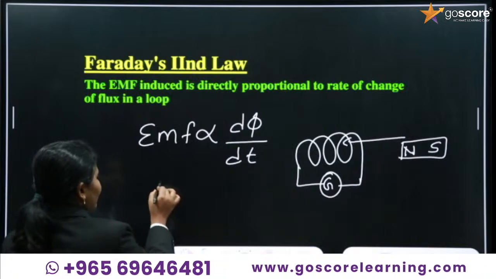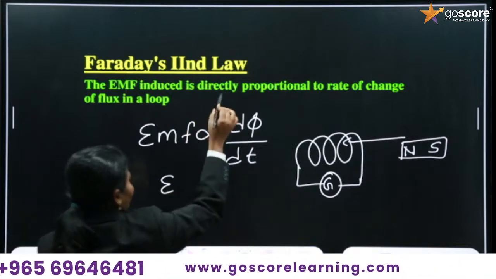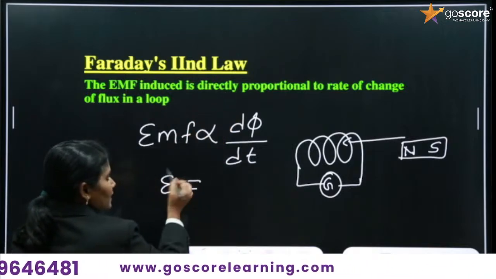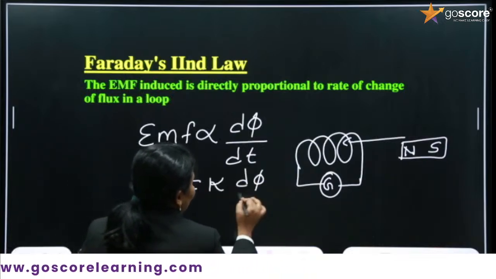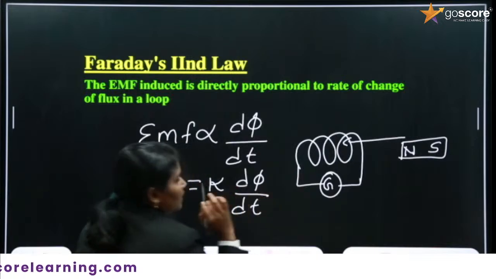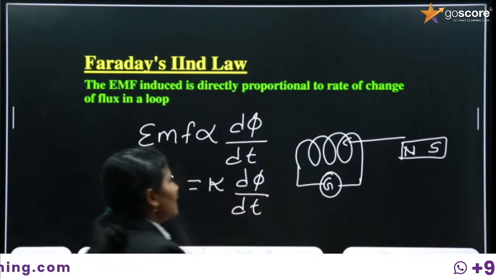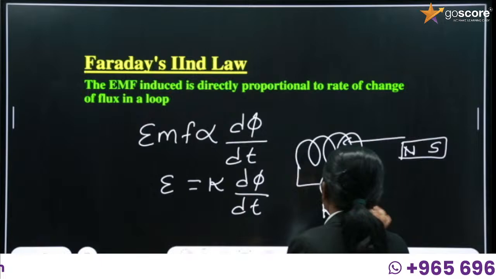Here I am taking EMF as E. Then E is equal to K into d phi by dt. Here K is the proportional constant.